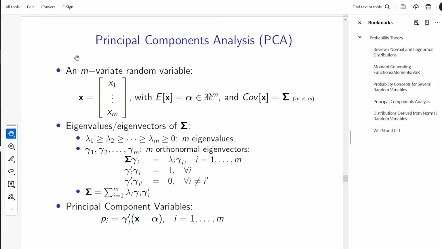Okay. Well, this leads us to introducing you to principal components analysis. With principal components analysis, we consider an m-variate vector x.